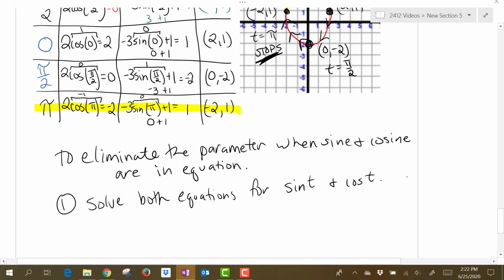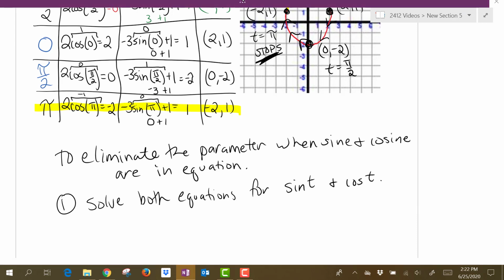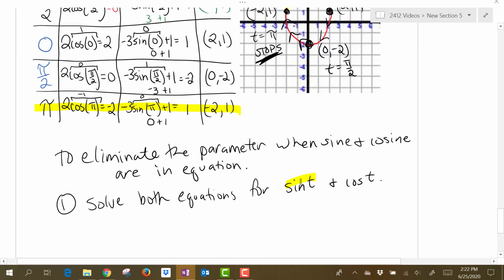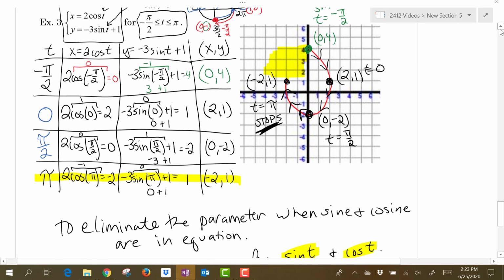So that means I'm going to take both of the equations and I want to get sine t and cosine t by themselves on one side. We're going to do that for both equations. So you notice here we're not solving for t. This is the big difference. We're solving to get by itself on one side sine t and cosine t, not just t. In order to get t by itself, you would have to introduce the inverse functions, and that's not what I want you to do. Okay, let's come back up here.